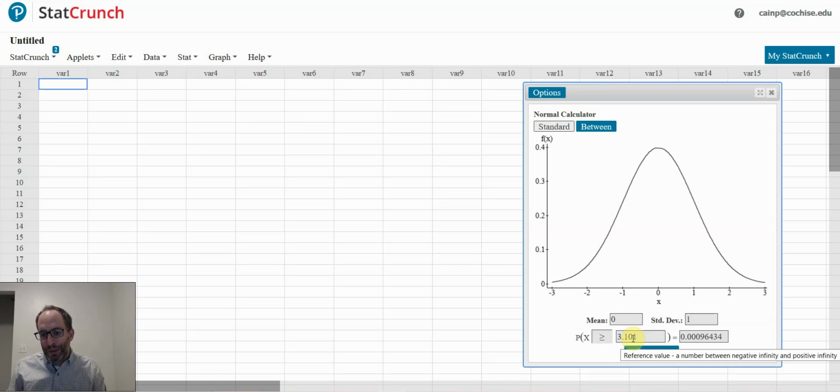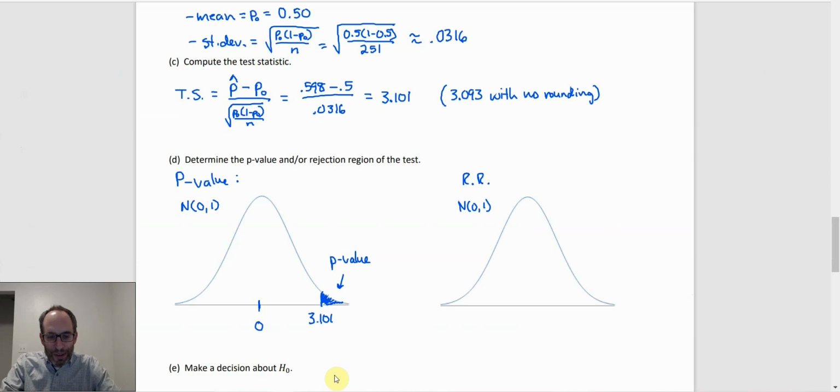Here we're getting 0.00096. Pretty close, right? So our p-value ends up being 0.00096.